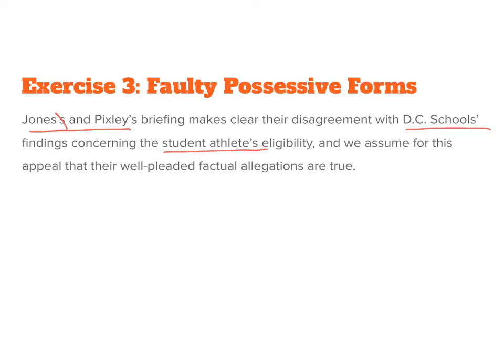If you were talking about two individuals filing two individual briefings or doing two individual things, then you would form the possessive with both of those names. Then with DC schools, that's a plural noun. It's talking about the DC schools, all of them, and so that would be possessive on schools. And with the student athlete, that's a singular entity, so that would be a singular possessive with the athlete there.